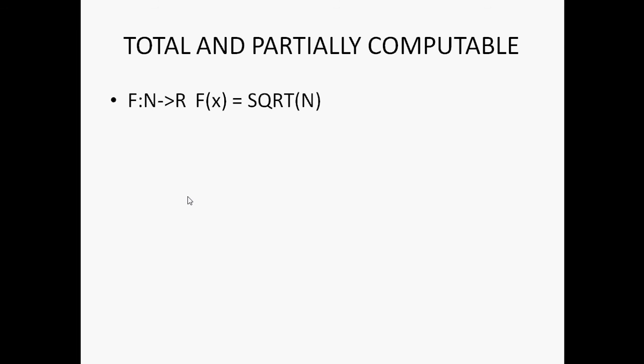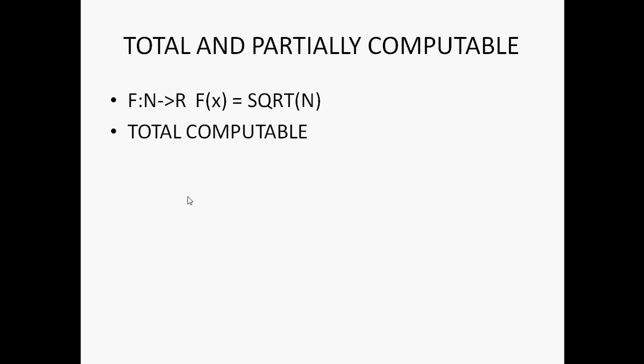So f of n has real values for every input taken from the natural number set. Since it maps from N to R, the output belongs to R. So this is said to be a total computable function.